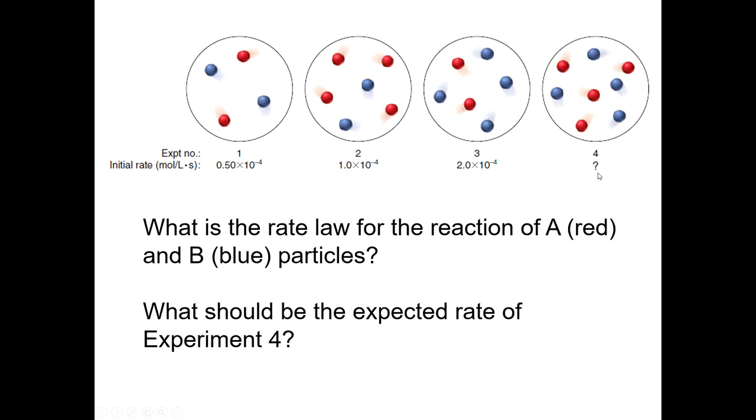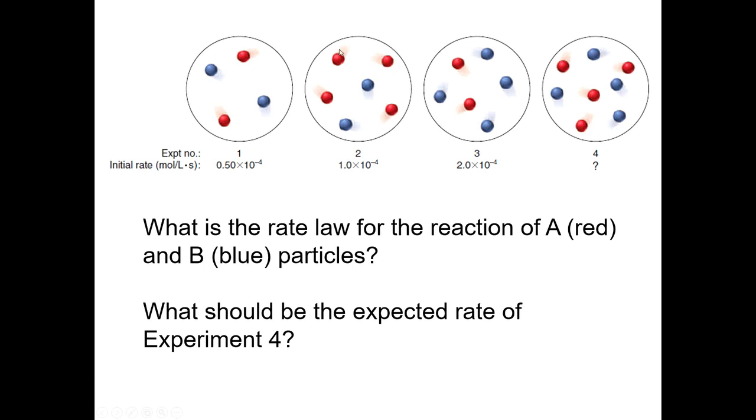Alright, so the first thing we need to do if we're going to figure out the rate of this 4th experiment is we have to find the reaction orders. We have to know how changing the concentration of A and B affect the rate. Alright, so we're going to employ the same method.